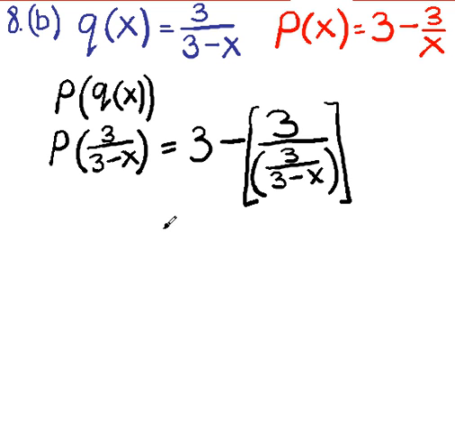So our next line is going to be 3 minus, and then our square bracket. So on the top line was 3, and that's 3 divided by, and we're dividing by 3 over 3 minus x.